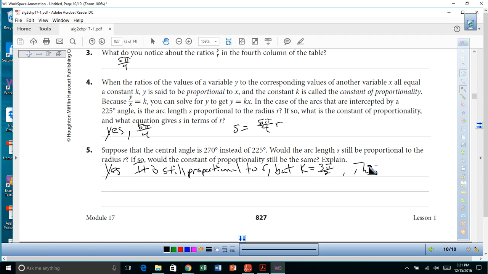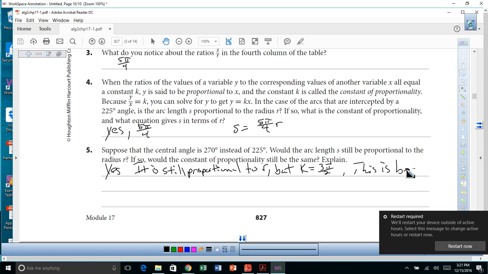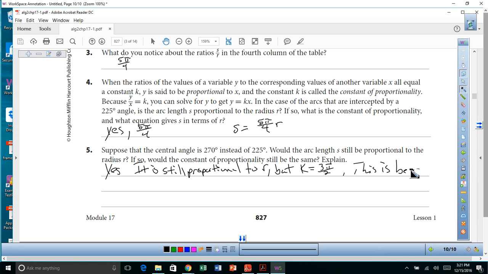And this is because a 270 degree angle represents 3/4 of a circle, right?